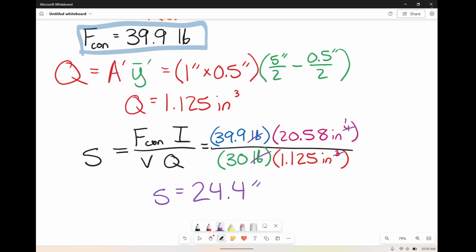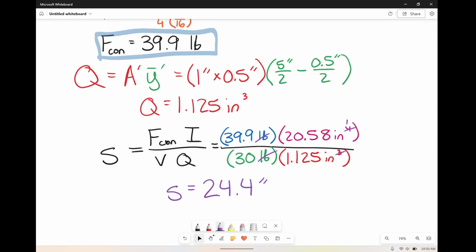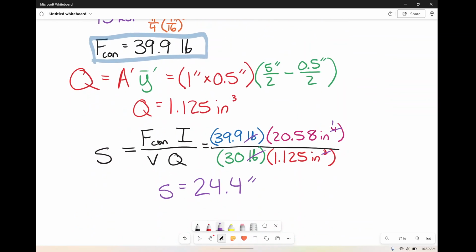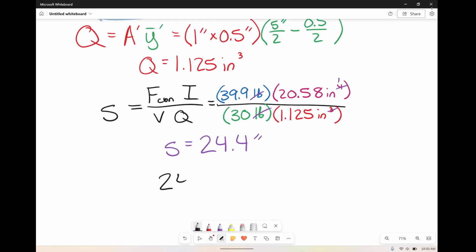24.4 inches. Now, they had a little caveat up here at the top. They said to the nearest ½ inch. Now, you can't just round to whichever one's closest, right? Your options at this point are 24.0 or 24.5 inches. And you can't just go, yay, this one's closer. That is definitely not what we're going to do.